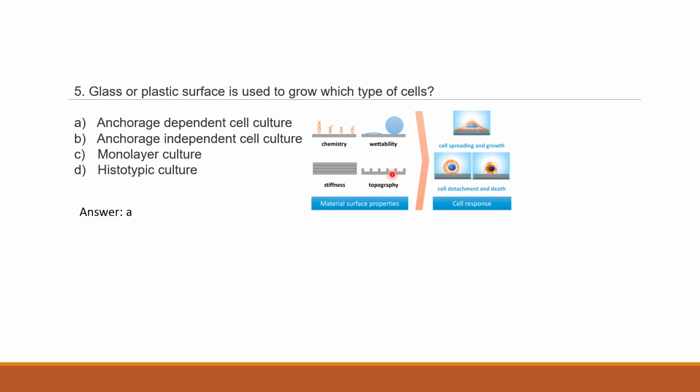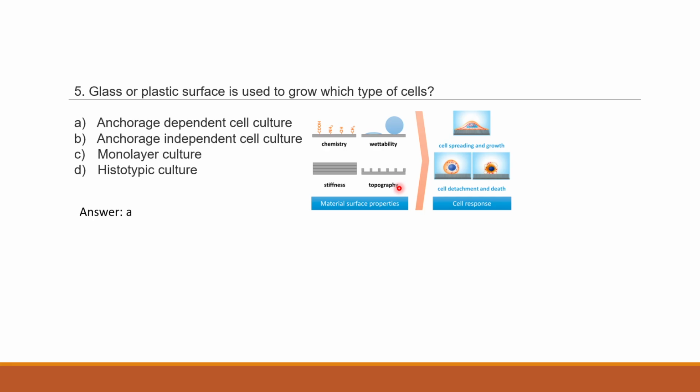And then the topography of the plate. If you want to grow just a monolayer of cells, you will just need a flat surface to grow on. But if you want different types of culturing, like co-culturing two different types of cells, or you want to see migration of the cells from one cell area to another, or you want to do 3D culturing, 3D co-culturing, organoid or sphere culturing, then you need the topography of the plate to be different.